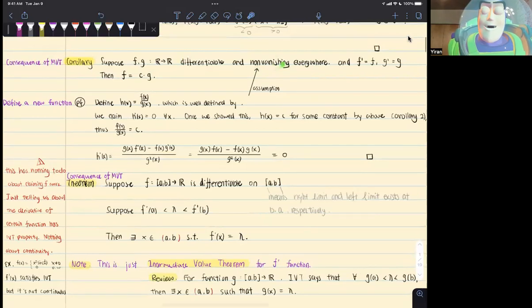When we say vanish, that basically means 0. Another assumption is f prime is equal to g prime. Then our conclusion is f is equal to c times g, where c is a constant.